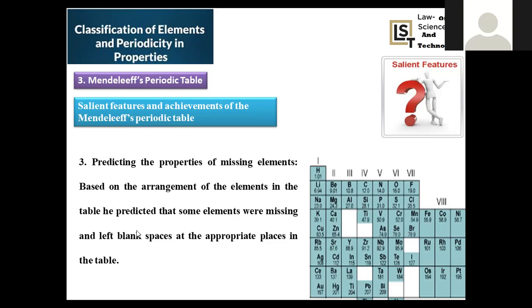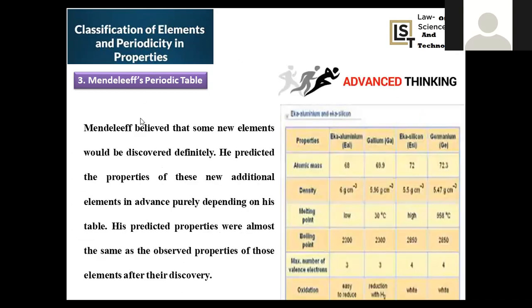Based on the arrangement of elements in the table, he predicted some elements were missing and left blank spaces at appropriate places. You can clearly observe the vacant sites available in Mendeleeff's periodic table.